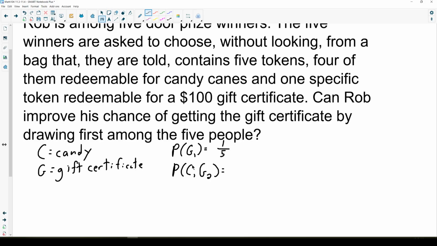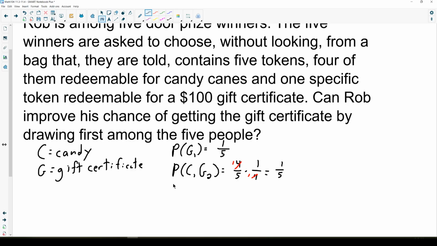So the chances of getting a candy cane the first time was 4 of them out of 5 total. The given probability of one already being drawn and then getting the gift certificate will be the 1 gift certificate left out of the remaining 4 prizes. A little bit of reducing our fractions, 4 and 4 going to each other once. We notice something interesting. 1 out of 5.